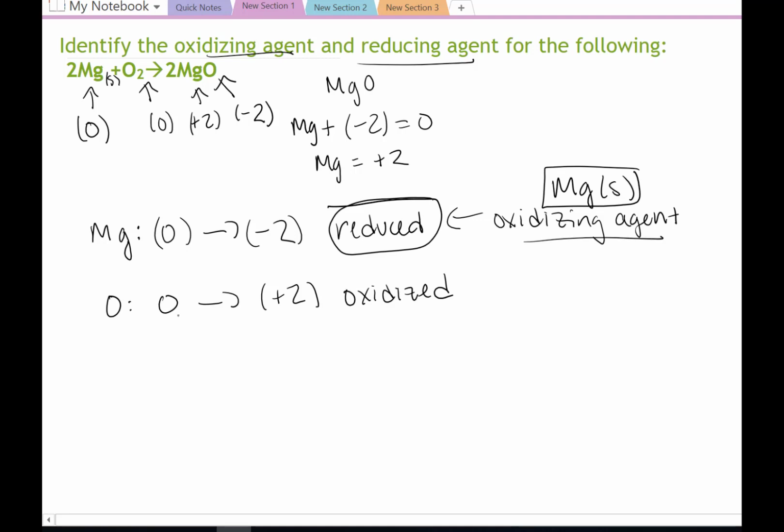Now, the magnesium is being oxidized, so therefore our reducing agent must be magnesium solid. We also know that it's the only other reactant in this, and you have to have both an oxidizing agent and a reducing agent in order to have a redox reaction. So we have solved for this one. And now let's do some half reactions for the following. But let's take a little break.